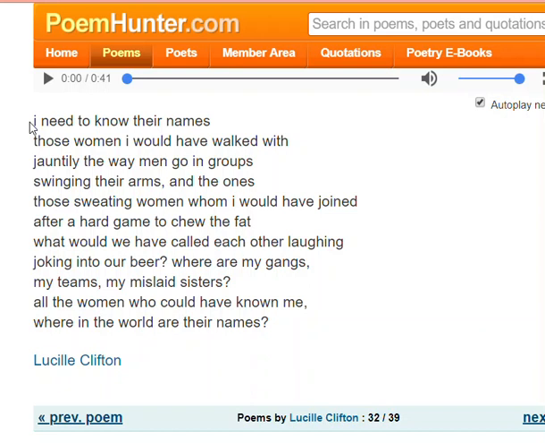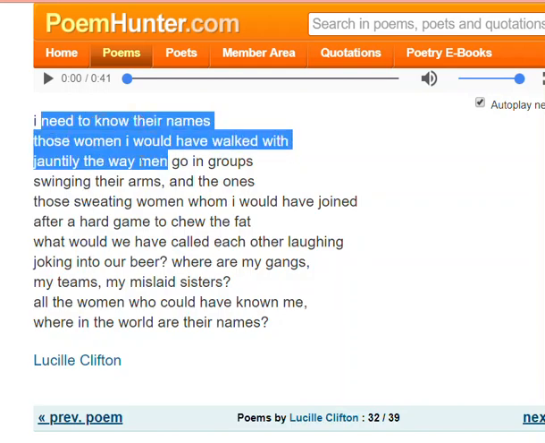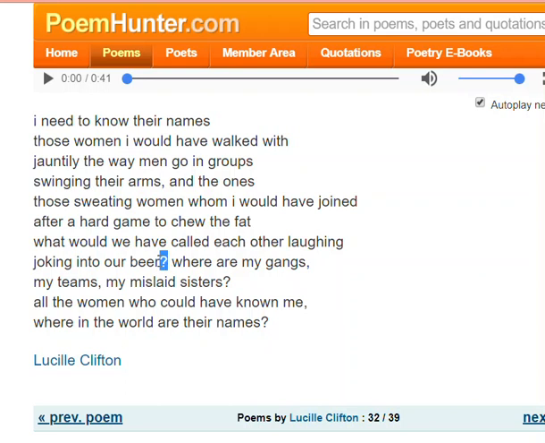But if I read it a little bit differently and connect some of her ideas, we have an end stop here, a little bit of a pause here, end stop, pause, and an end stop. There's only one internal pause, which is right here. So, if I read it again, here we go.